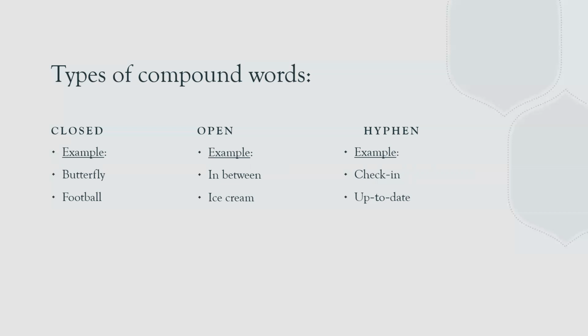Now, the thing with compound words is, grammatically speaking, or in reading and writing, there aren't any strict rules. Even I personally found myself writing, say, ice cream with a hyphen in between, and it's not exactly wrong. So it's quite flexible in how you write or read your compound words.